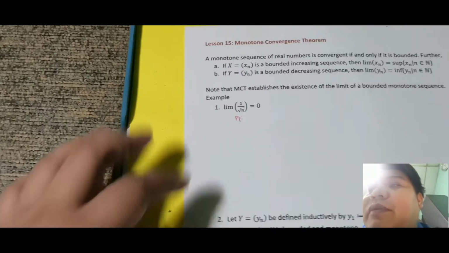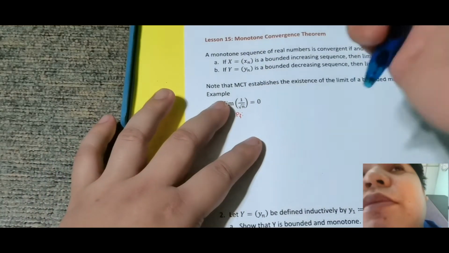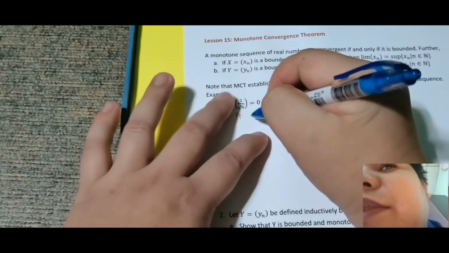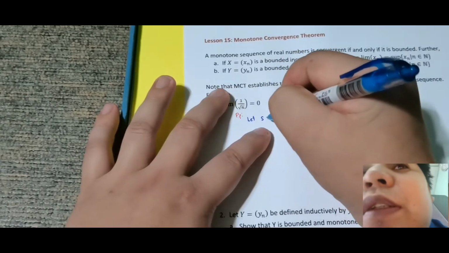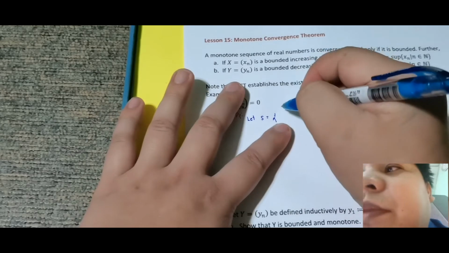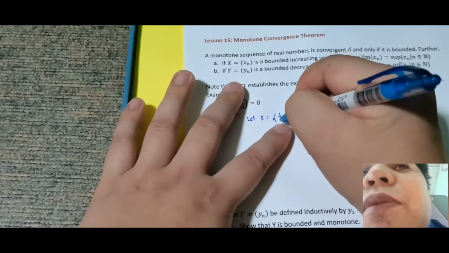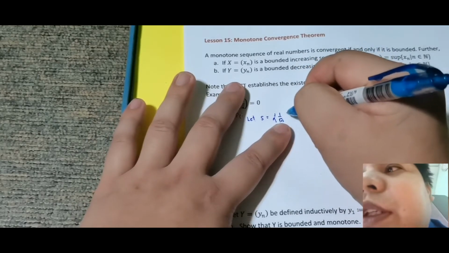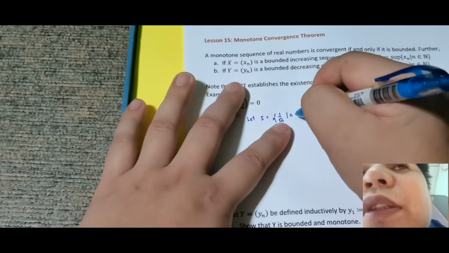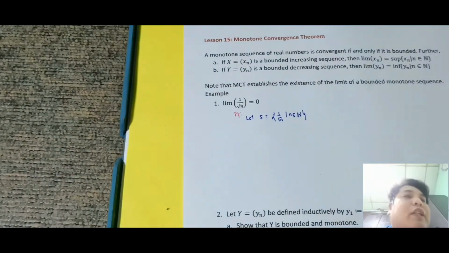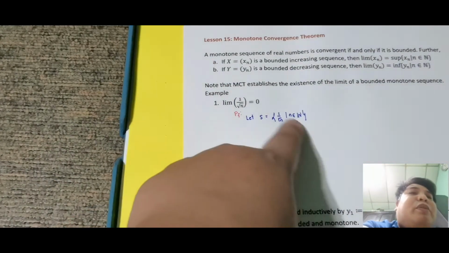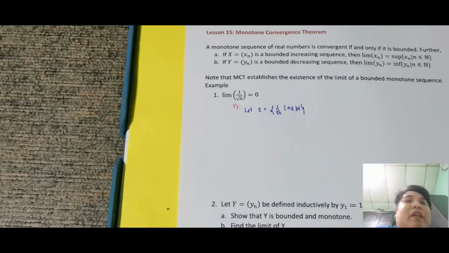Okay? So, let S to be the set containing 1 over square root of n, such that n is an element of natural number. Okay, mag-start tayo sa natural number kasi 1 yung pinakamababa niyan eh, bawal naman sa 0 kasi mag-undefined.